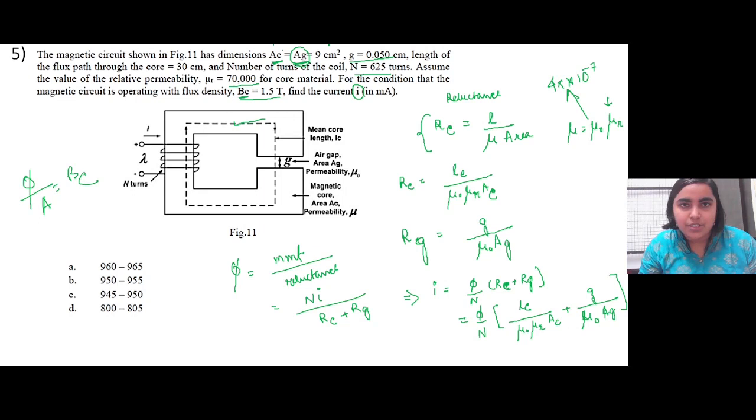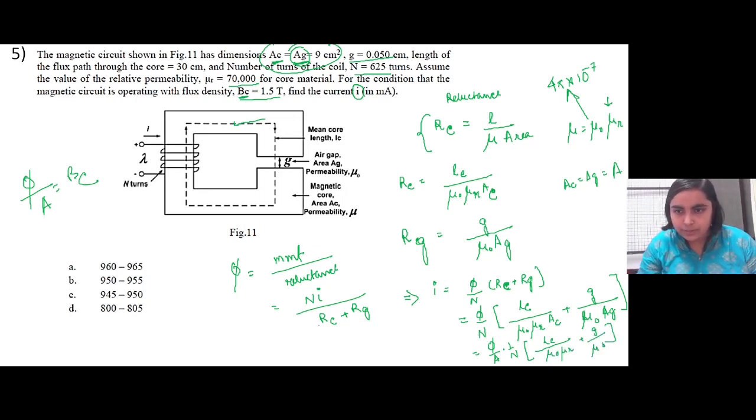It is given in the question to be 9 centimeter square. So we can take this out of the equation. Let Ac equal Ag equal A. If we take it out of the expression, it is phi by A times 1 by N into Lc by mu naught mu r plus g by mu naught.